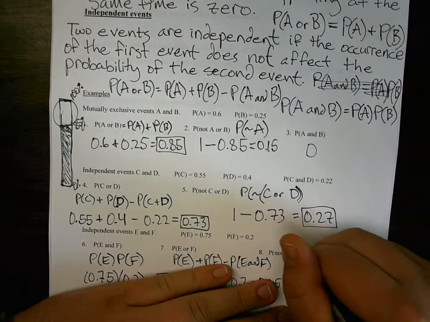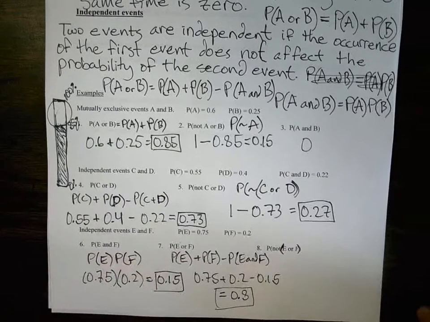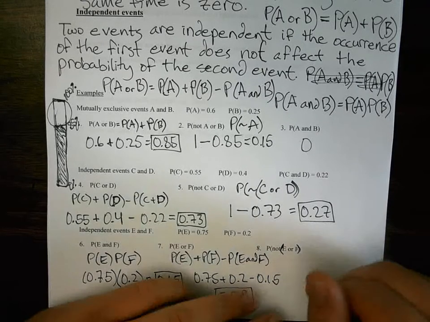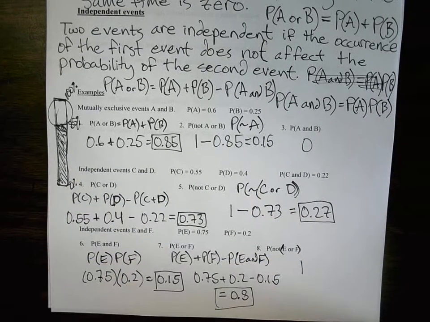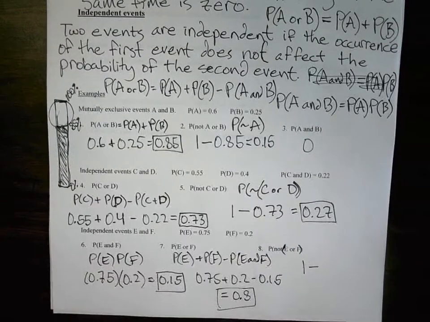Okay, number 8. Again, it should have these parentheses here. It should be not E or F. Right, so again, it's the complement. So how are we setting this up? I heard a 1. So we have 1. What's next? Minus, right? 1 minus. And what are we subtracting from 1?